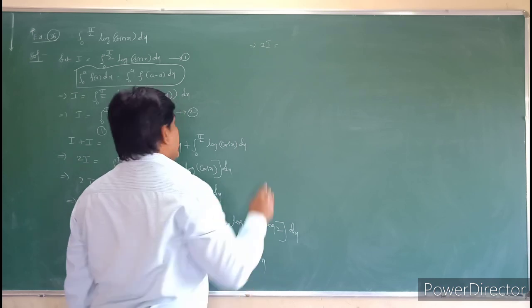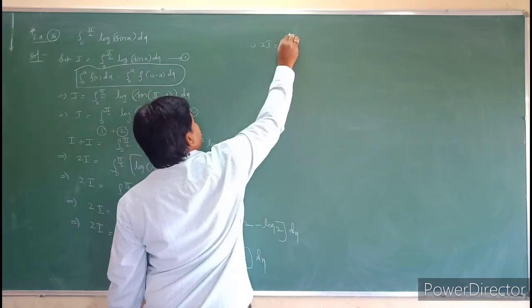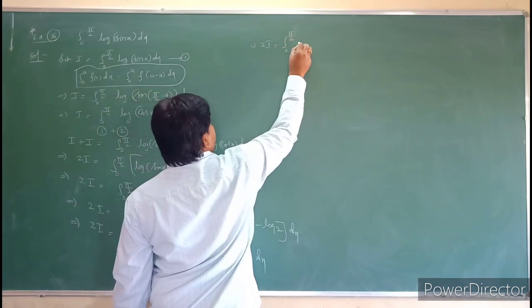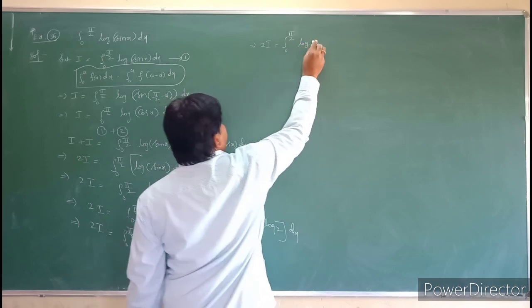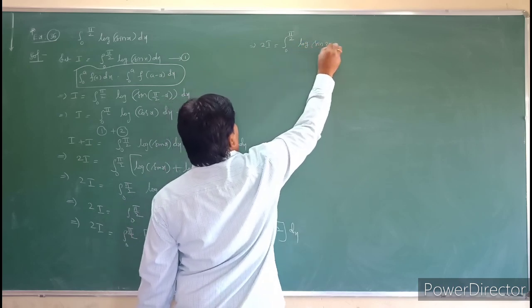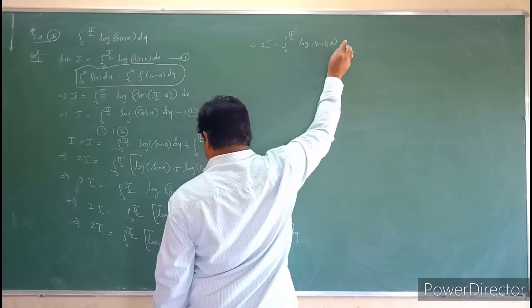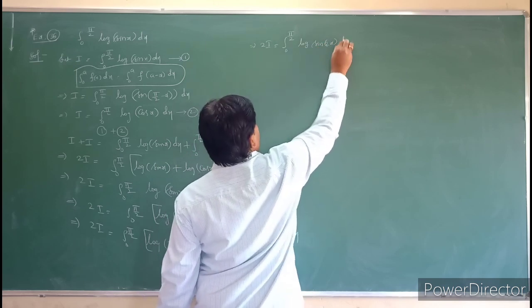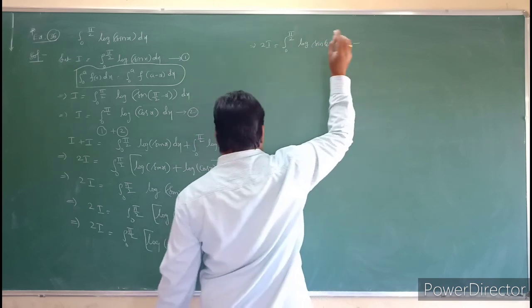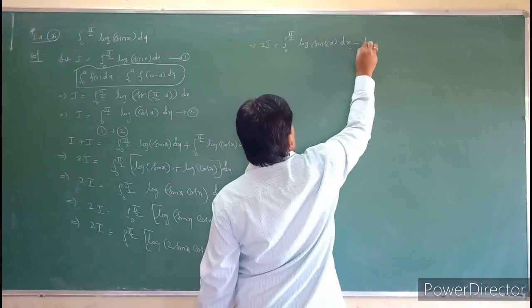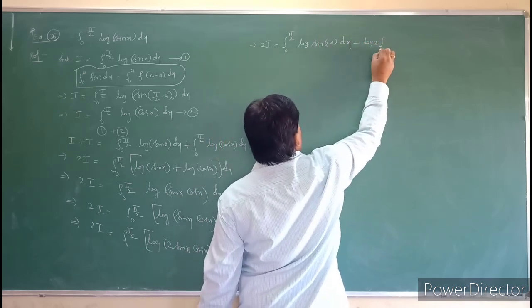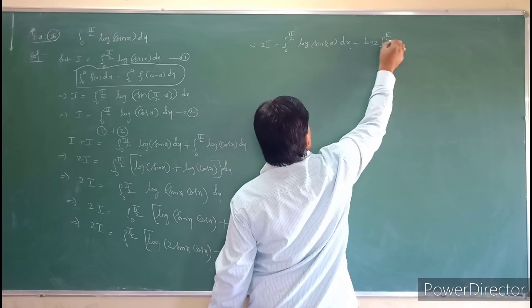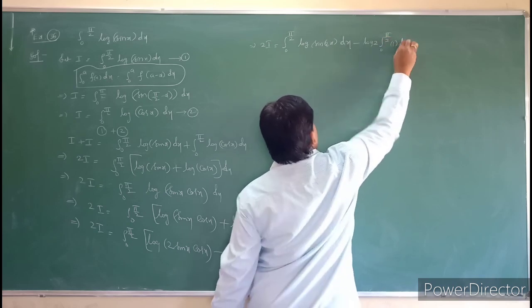So that implies 2I is equal to integral 0 to pi by 2 of log of sin 2x into dx minus log 2 integral 0 to pi by 2 of 1 into dx.